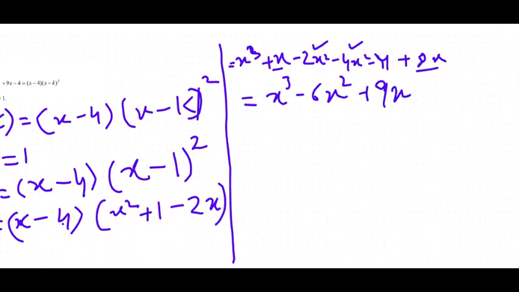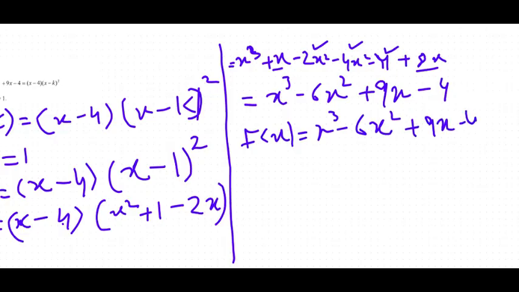As you can see, this is our function, x cubed minus 6x squared plus 9x minus 4. So when we combine the terms, it becomes the function. The conclusion is that since the expansion matches the given polynomial, k equals 1 is shown.